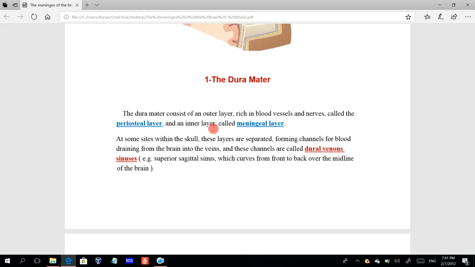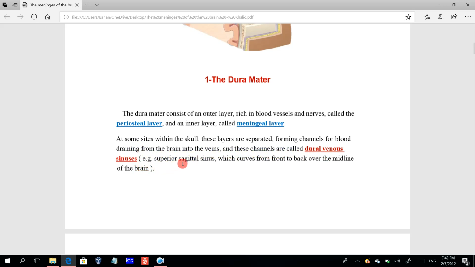These two layers at some sites within the skull are separated, forming channels for blood draining from the brain into the veins, and these channels are called dural venous sinuses.